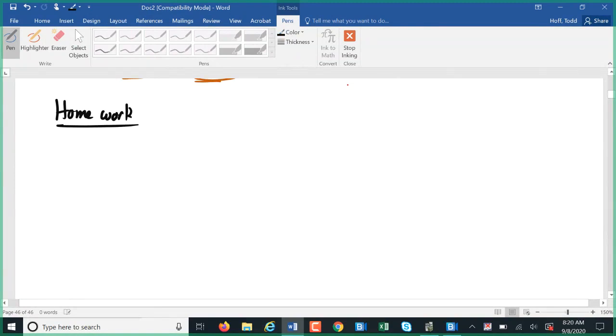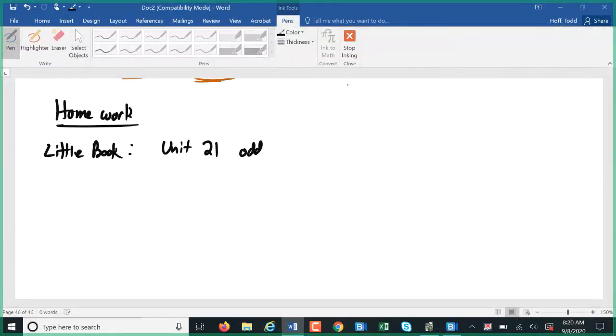Time for me to give you some homework here. We're going to have a couple of pages for you. The first page is out of the little book. Unit 21, we'll do the odds there. The second, out of the big book.